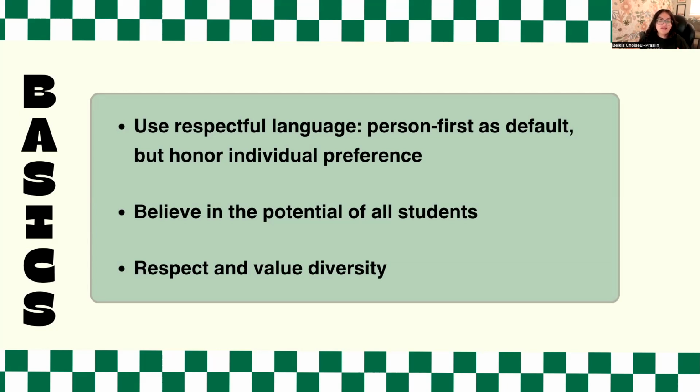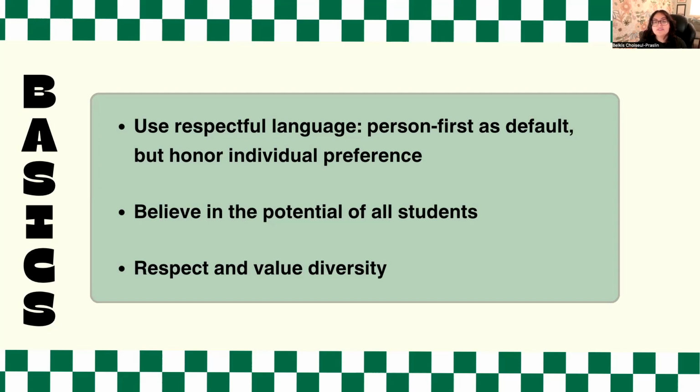Now, this is the default in academic spheres when we're talking about a larger whole. However, I do also really want to point out that many disability communities, like the autistic communities or deaf communities, many of those individuals or communities at large prefer and advocate for identity first language, where they see a disability as an inseparable and positive part of who they are.